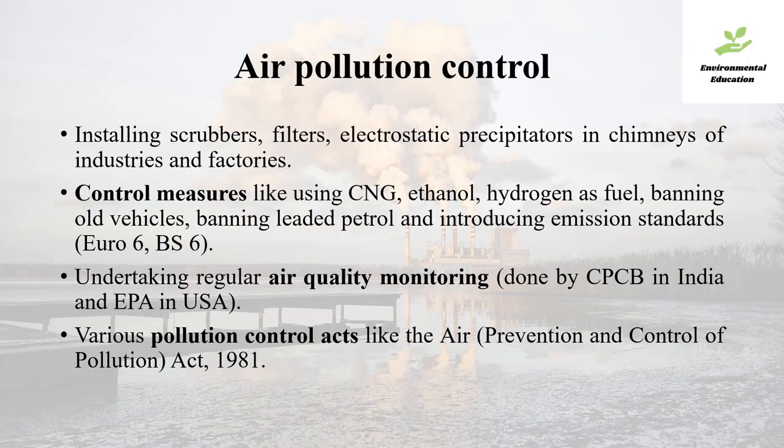Control measures like using CNG, ethanol, or hydrogen as clean fuels, banning of old vehicles, banning leaded petrol, and introduction of emission standards like the Euro 6 and the Bharat Stage 6, undertaking regular air quality monitoring that is done by CPCB in India and the EPA in USA, various pollution control acts like the Air Prevention and Control of Pollution Act of 1981 in India is being used to monitor the air quality.